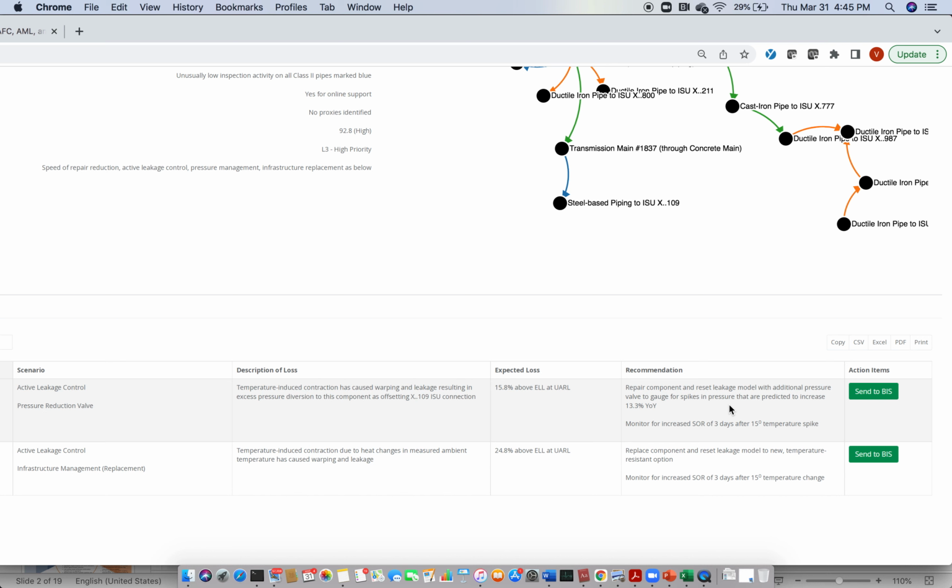We are also targeting the speed of repair, which needs to be reduced to no more than 3 days in this particular example.